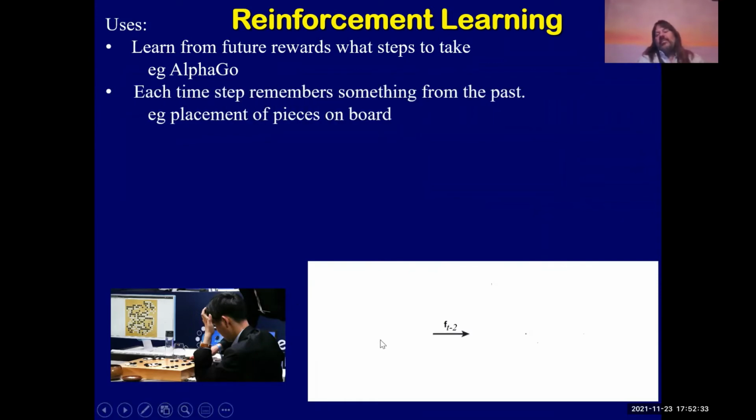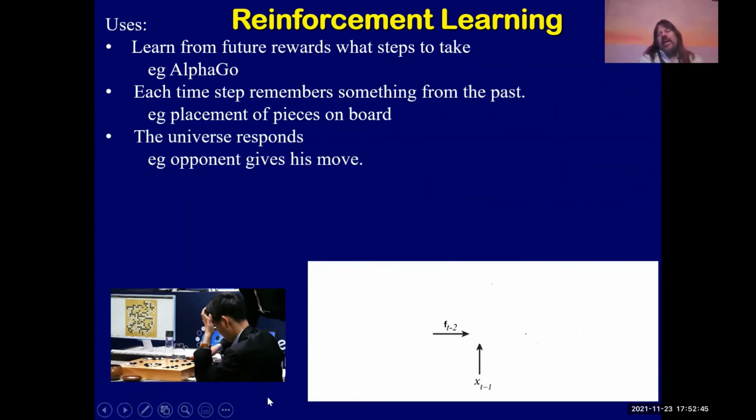We could say there's a current thing that it remembers about the board. What does it remember? It remembers the current placement of the pieces, right? And then some input comes, which might say what your opponent did. And then it calculates some output, which might be what move should I take now.